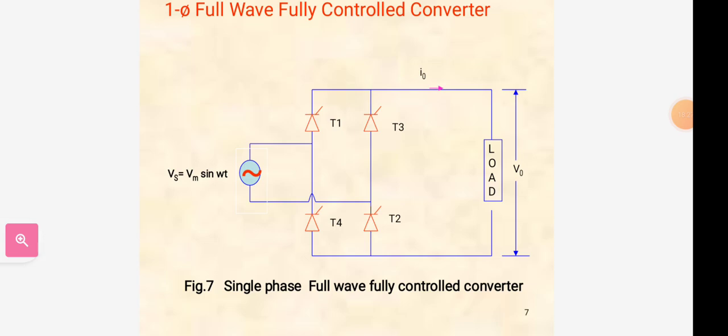The above sequence of events is repeated for each cycle. So, in the waveforms, we have the source voltage or input voltage, firing pulses for T1, T2 and T3, T4, load current and output voltage.